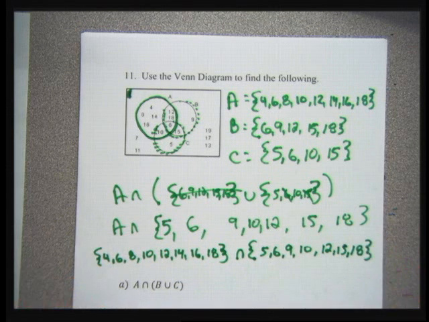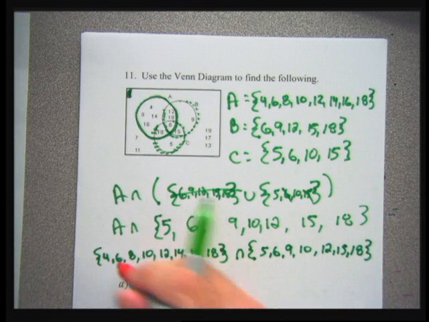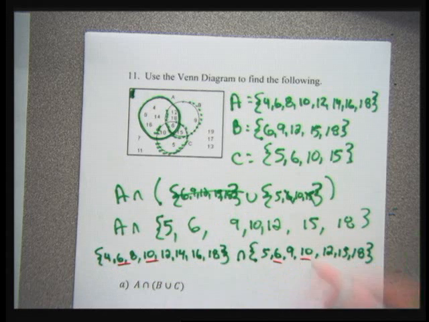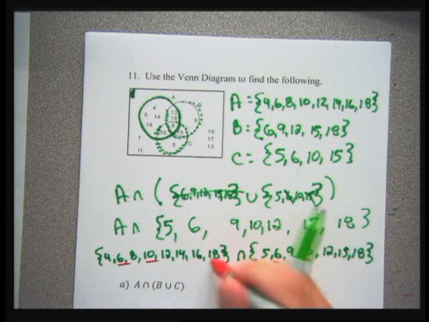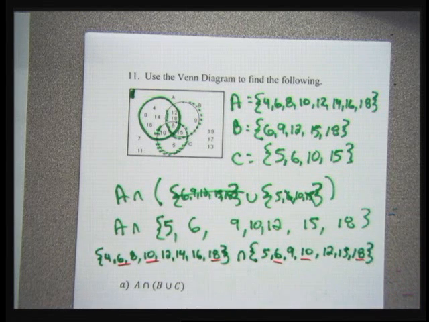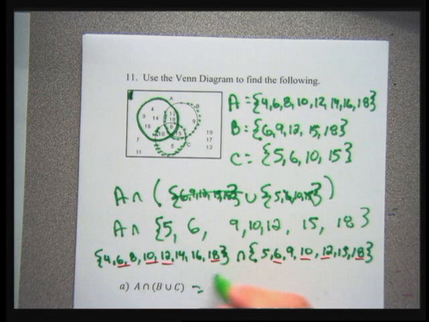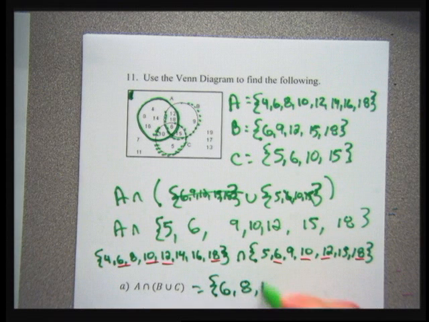When I intersect sets, I look to see what they have in common. I see a 6 here and a 6 there, a 10 here and a 10 there, an 18 here and an 18 there, oh, and a 12 and a 12. I almost missed that. So it's what they have in common. Those two sets, what they have in common, will give me the answer: the numbers 6, 10, 12, and 18.